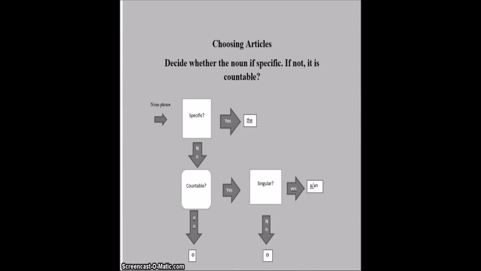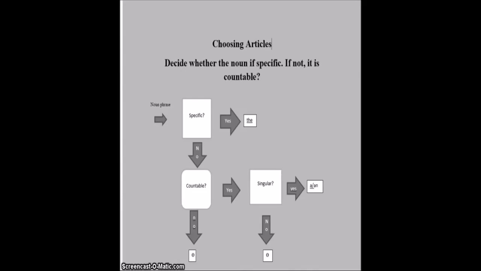Sometimes it's important, sometimes it's not important to have the right article, but it's important enough that it's probably useful to understand. I want to start by showing a flow chart that one of my professors showed me.